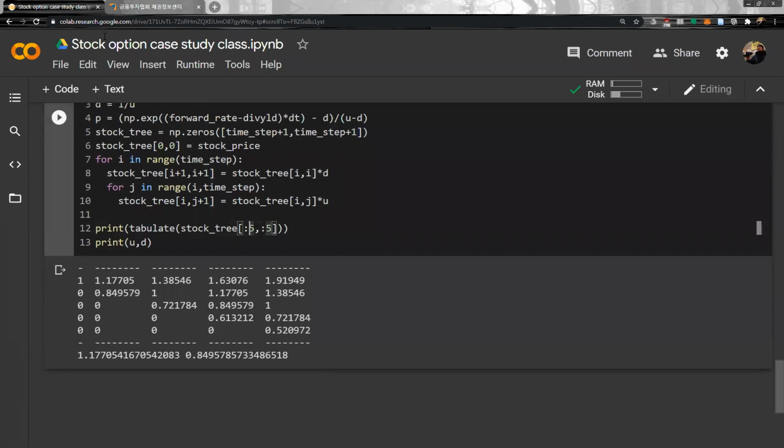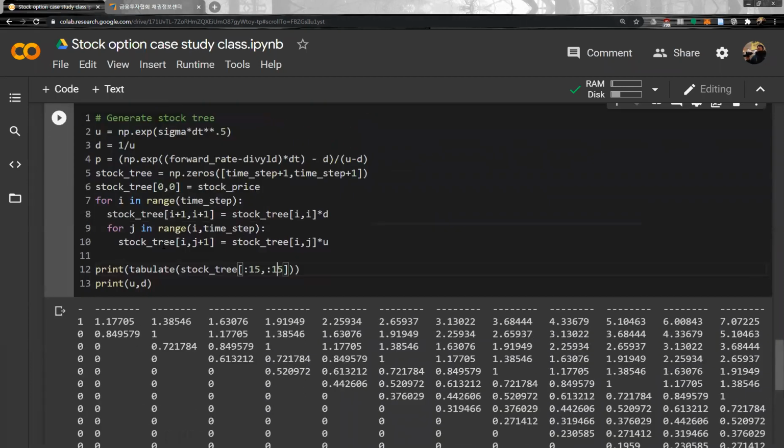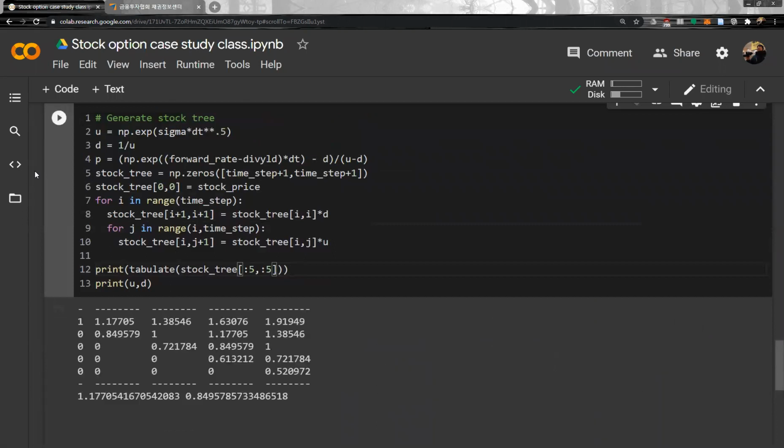Let's increase a bit, 15 by 15. So we have a big tree. Looks okay. Good, so we just finished the stock tree.